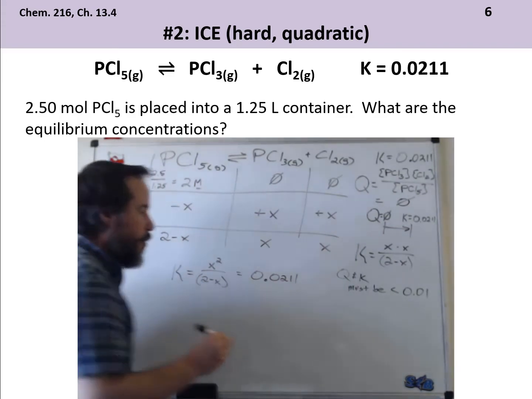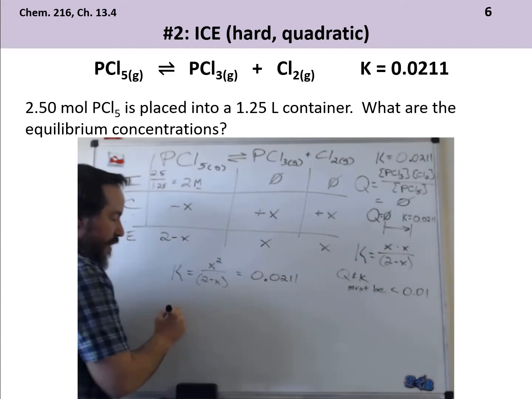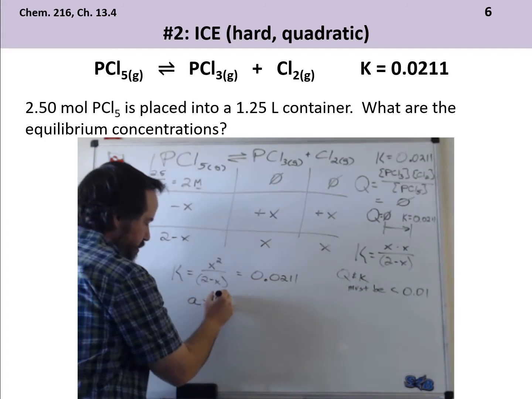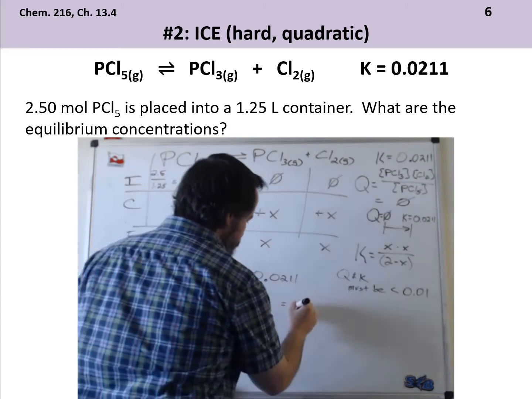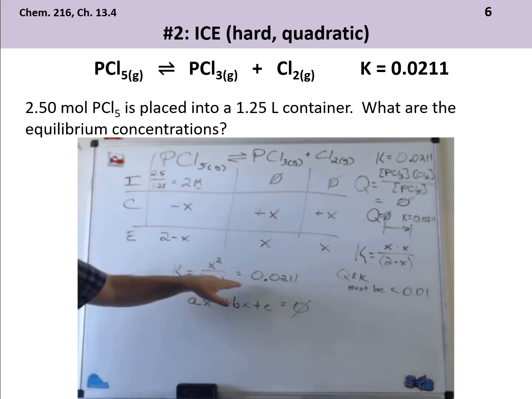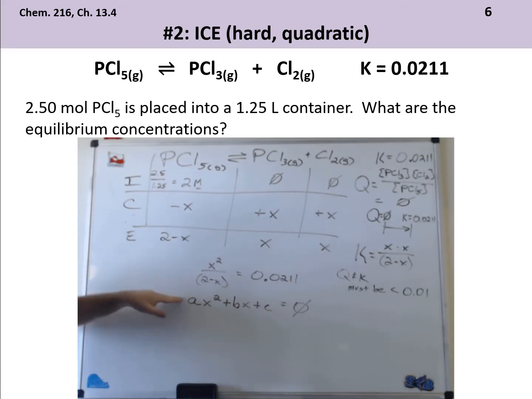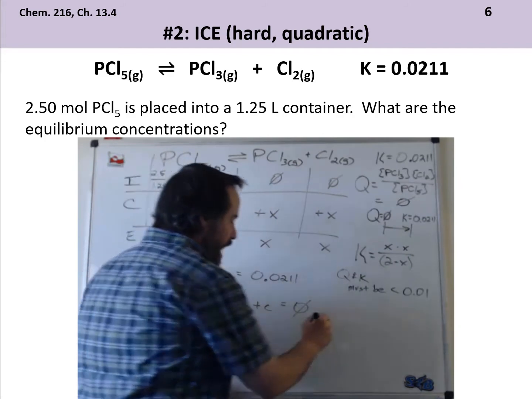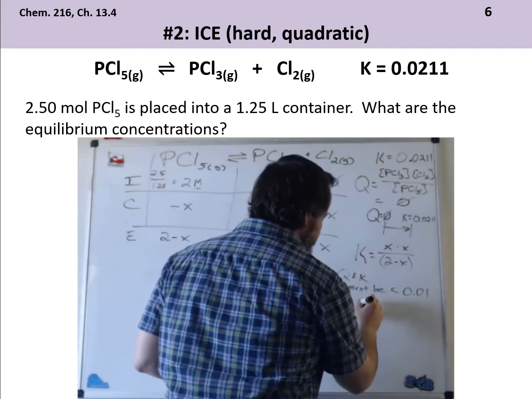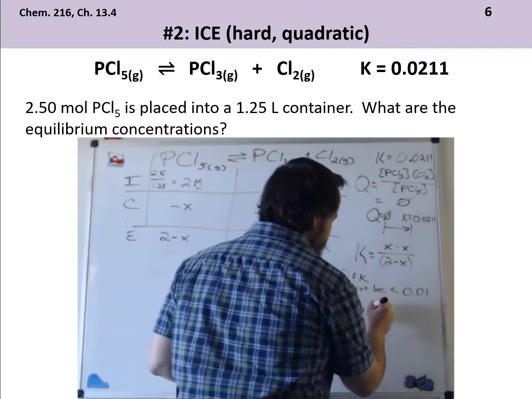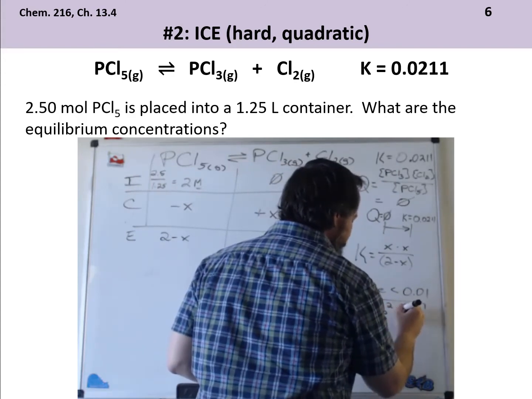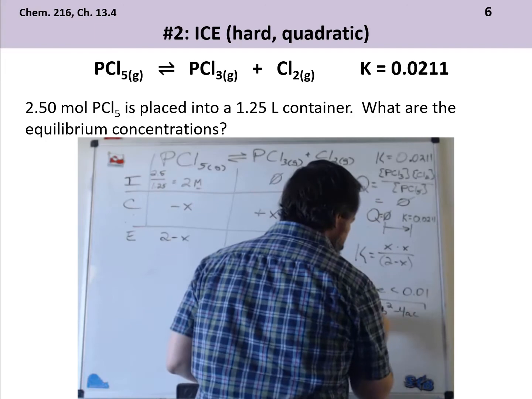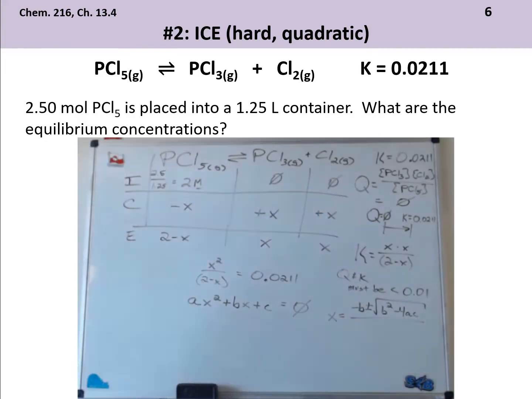The quadratic equation says if I can rearrange this equation here to look like this, then the value for x I can find as negative b plus or minus the square root of b squared minus 4ac over 2a.